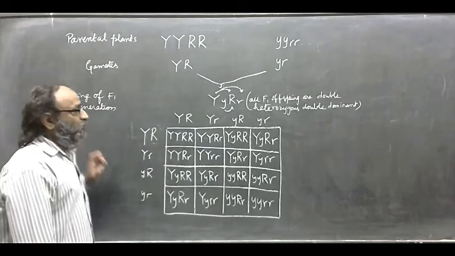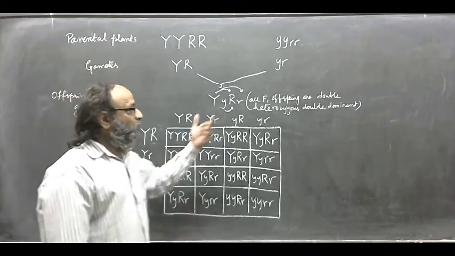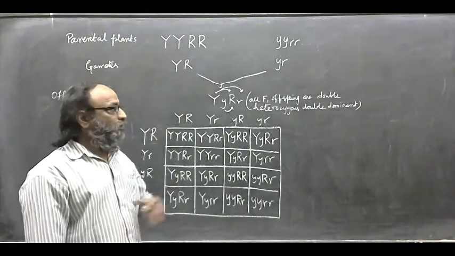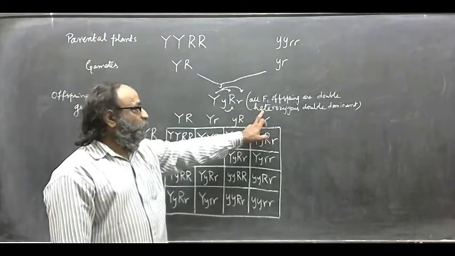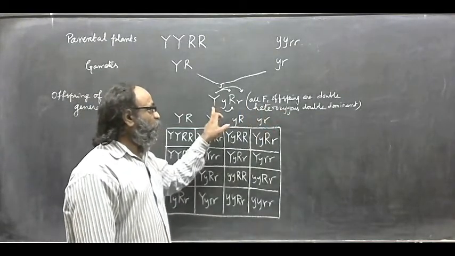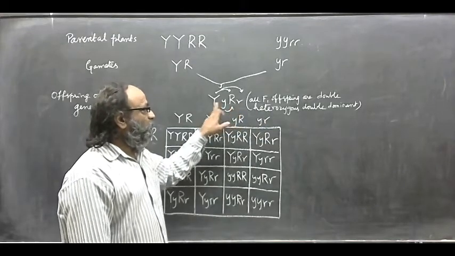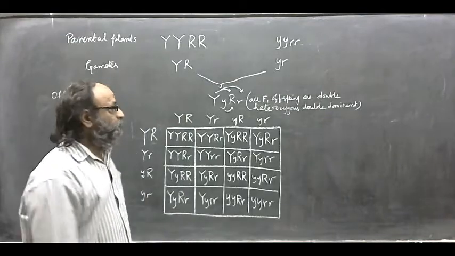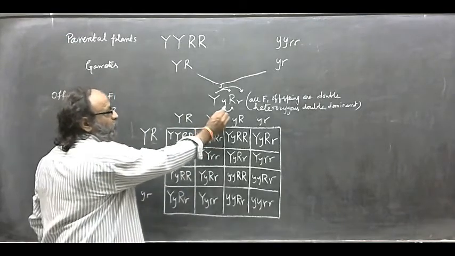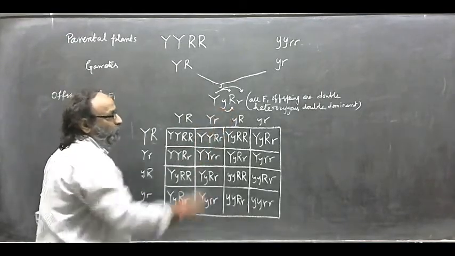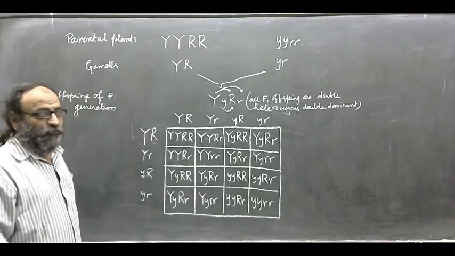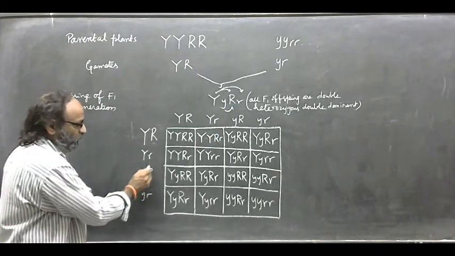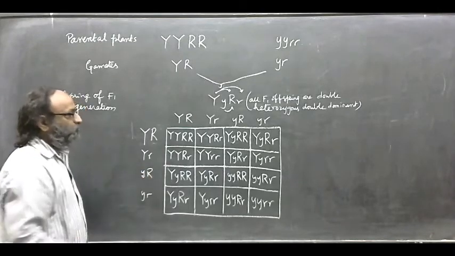All the offspring of F1 generation are found to be double heterozygous, double dominant. Now this double heterozygous, double dominant F1 offspring produce 4 different types of gametes.